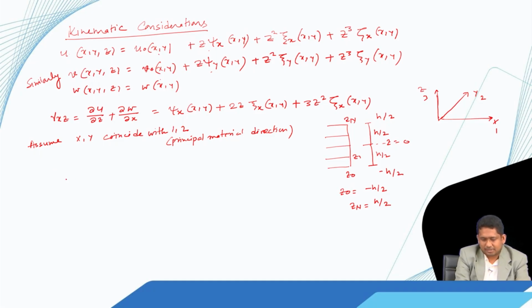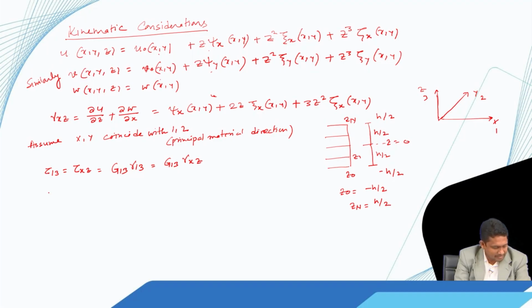Now, we can write tau y 3, that means tau 1 3, and that we can also call tau x z, because 1 and x, and 3 and z, are coincident. That is equal to G 1 3, the shear modulus, multiplied by gamma 1 3, which is the same as G 1 3 multiplied by gamma x z, and gamma x z is this.